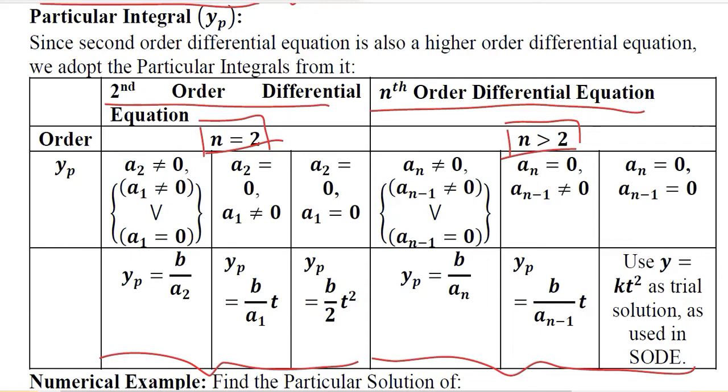We remember that in that first subcase, a2 was not equal to 0, was non-zero, in other words, where a2 can be considered as the highest order subscript constant. So in the same way, the highest order subscript coefficient would be non-zero in the nth order or higher order differential equation, and there is no restriction on the second highest order subscript coefficient.